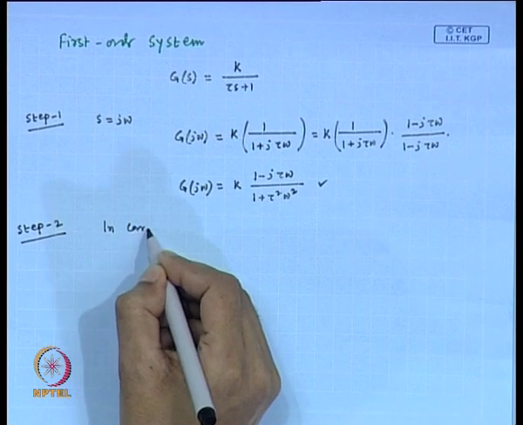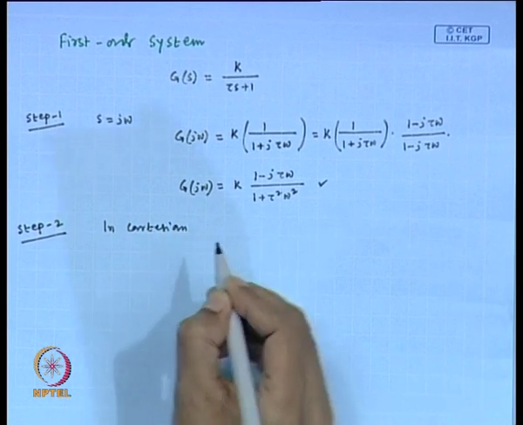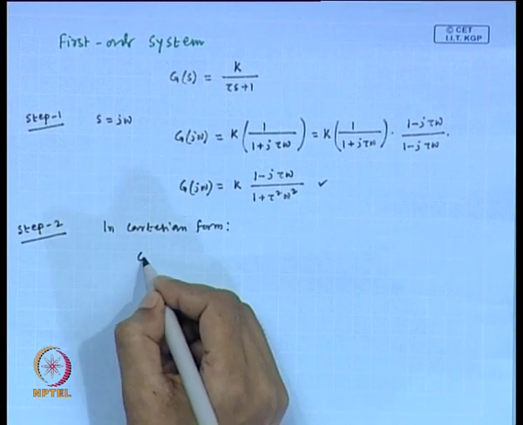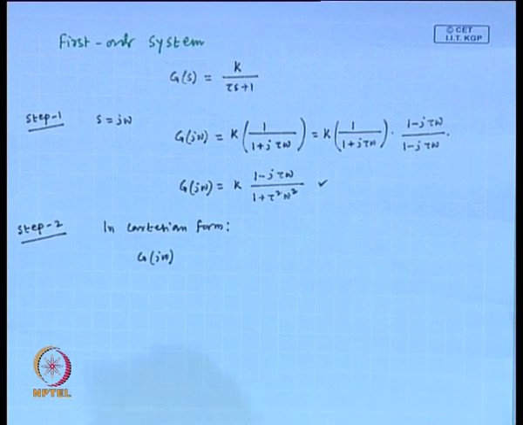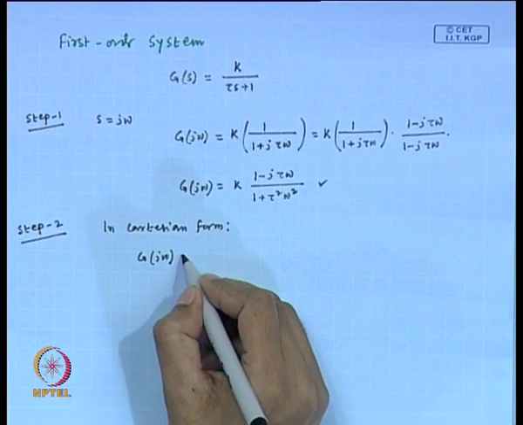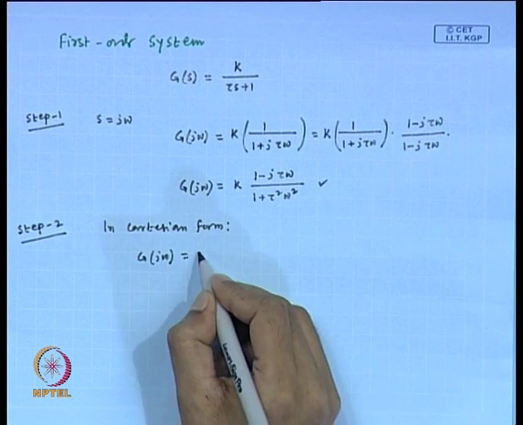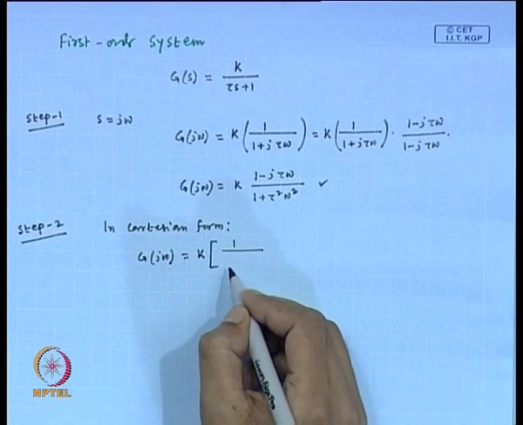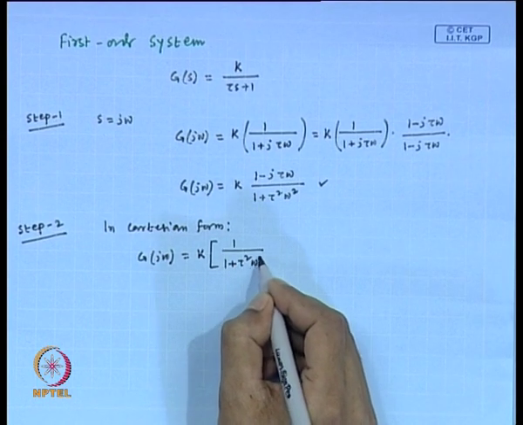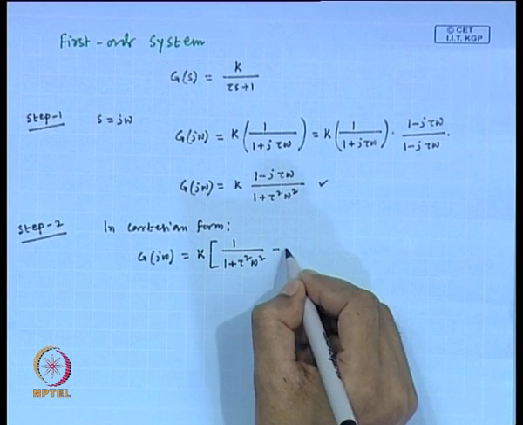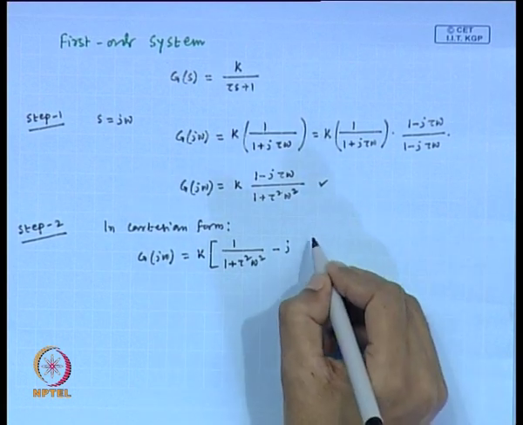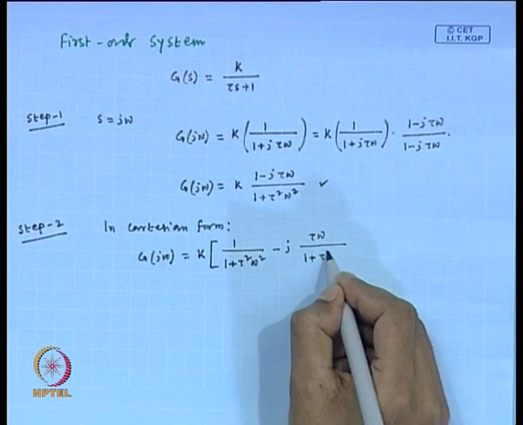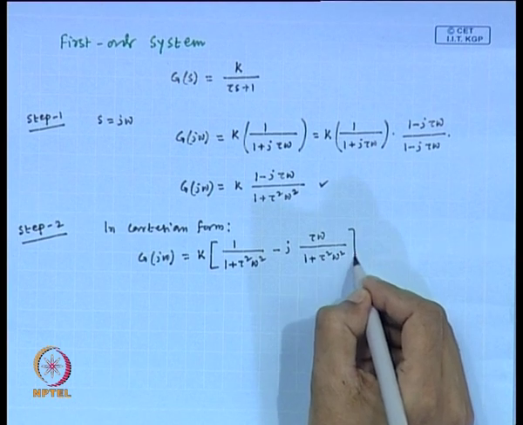In Cartesian form, we can write the frequency response transfer function as G(j omega) equals K divided by 1 plus tau square omega square, minus j K tau omega divided by 1 plus tau square omega square.